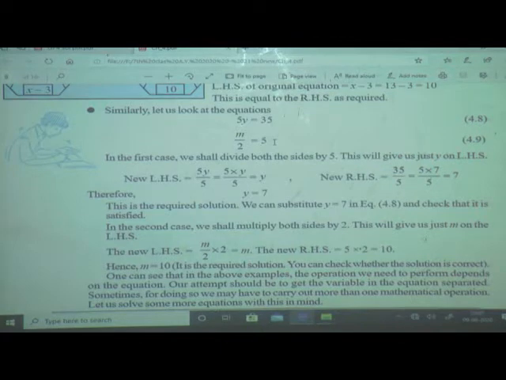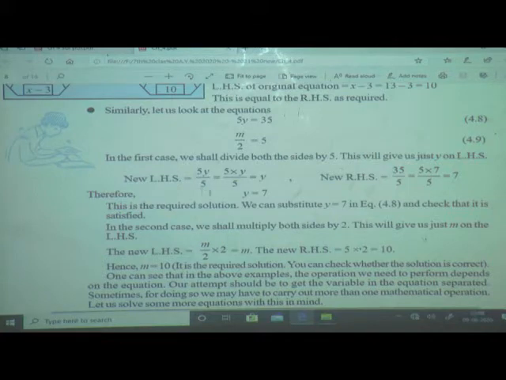Here what we have to do? We have to balance the LHS as well as the RHS. In addition, subtraction and multiplication I gave you a small trick. Here also we will see a trick for how to balance the equation when it is given in the form of m upon 2 is equal to 5. So we will see one by one.